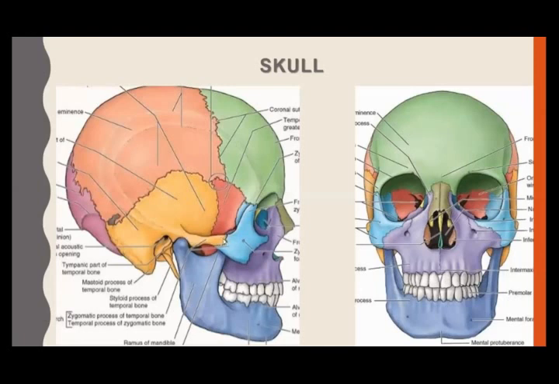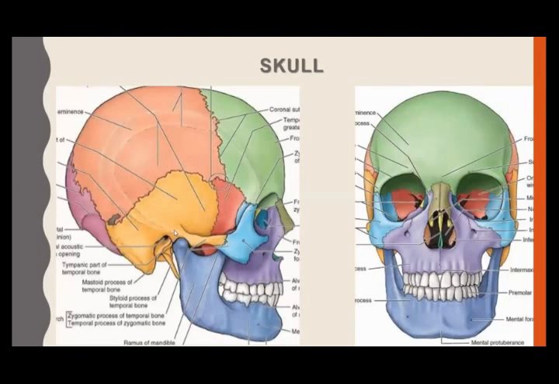This is called the zygomatic arch. The zygomatic arch, please note, is formed partly by the temporal bone, and see this mustard or yellow bone. This yellow is made by the temporal bone and also contributed by the zygomatic bone.